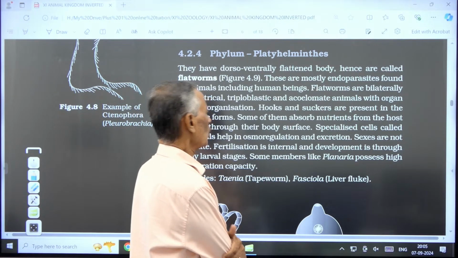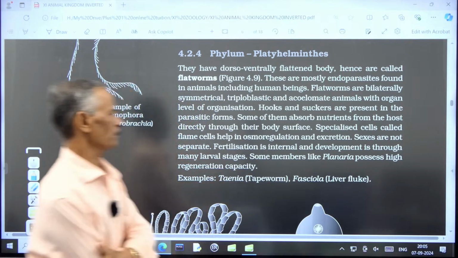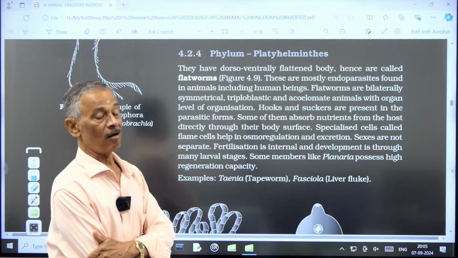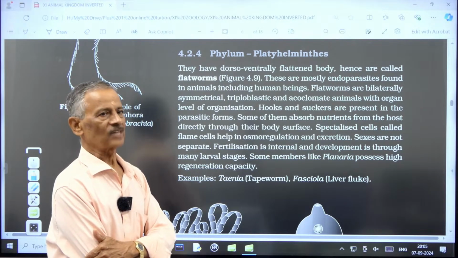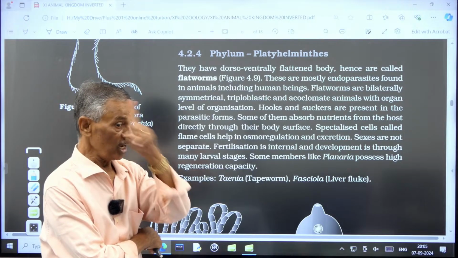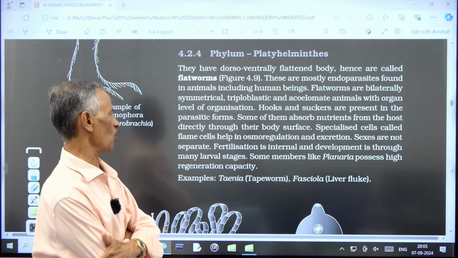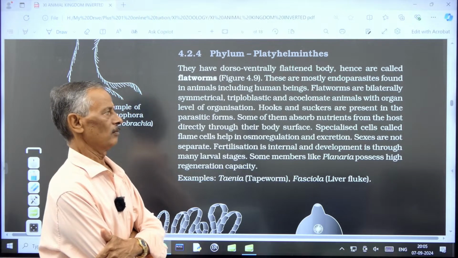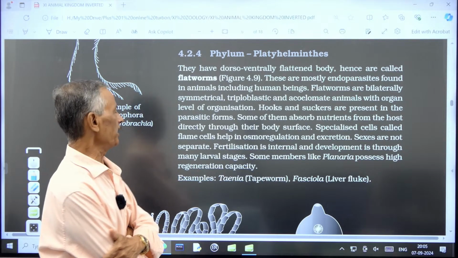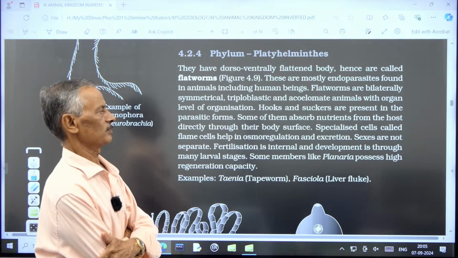Here also sexes are not separate, meaning they are all hermaphrodite; both male and female sex organs are present in the same individual. They are all bisexual. Fertilization is internal and there will be many larval stages.